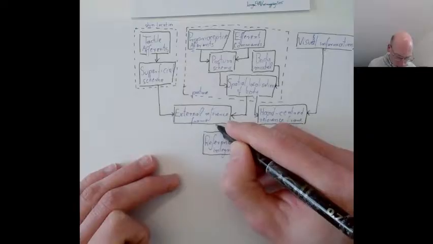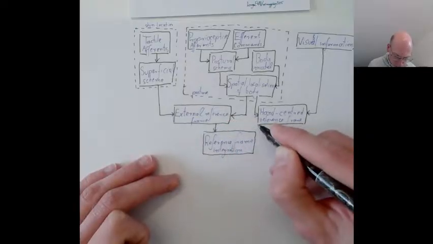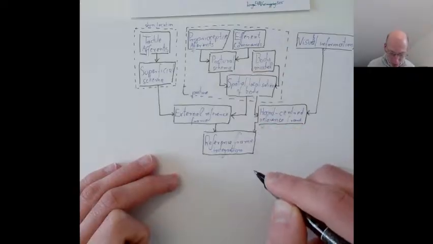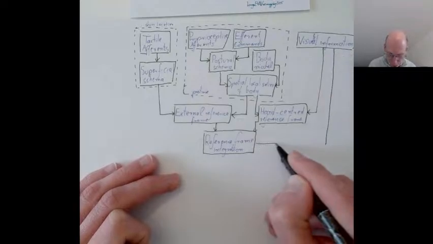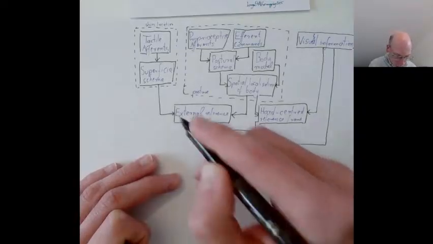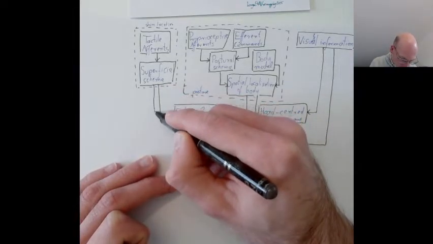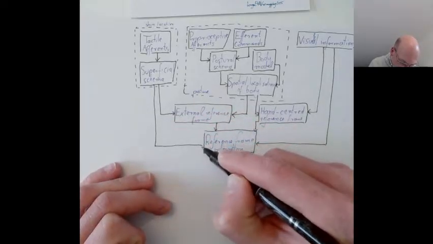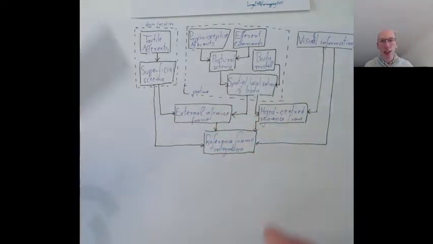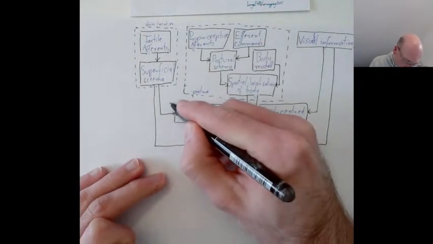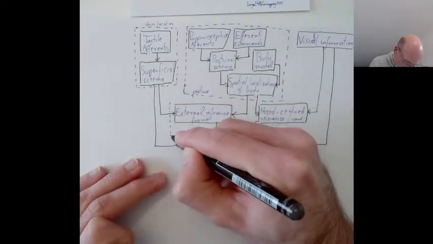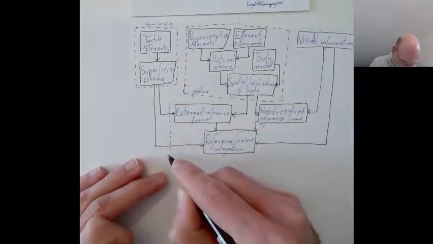And where does the information come from? It comes from the external reference frame, the hand-centered reference frame, the visual reference frame and also again from the superficial schema. Good. And now I can put another box around that.